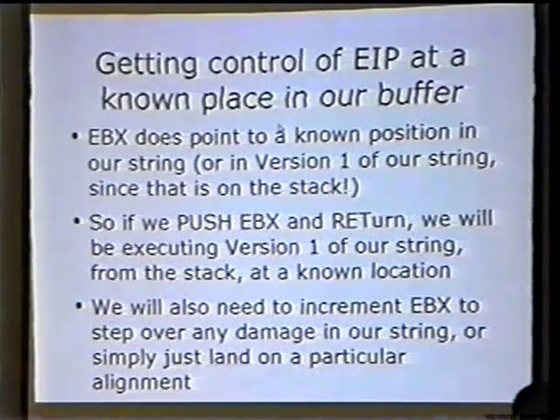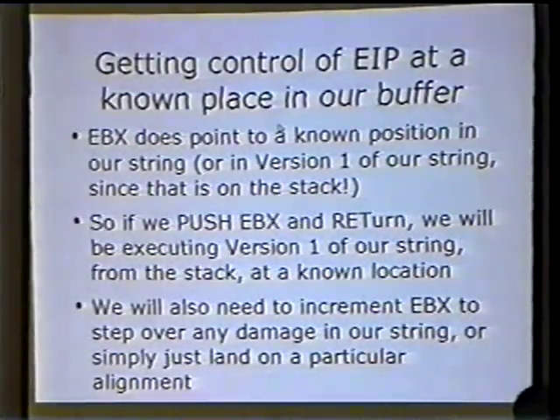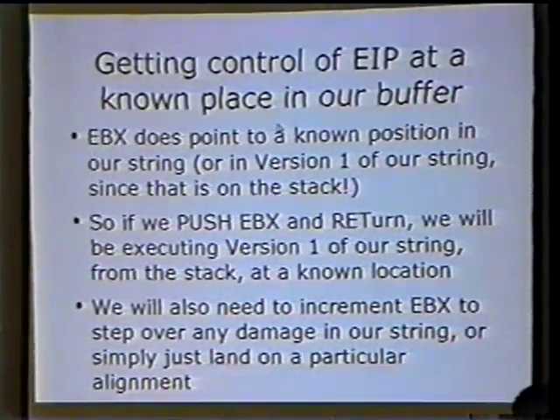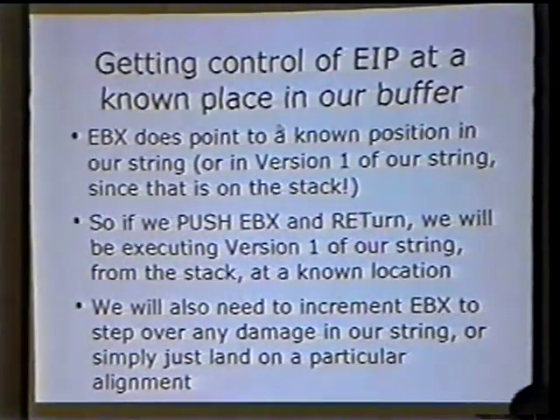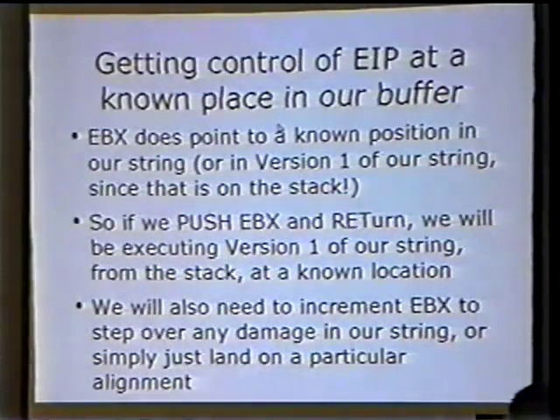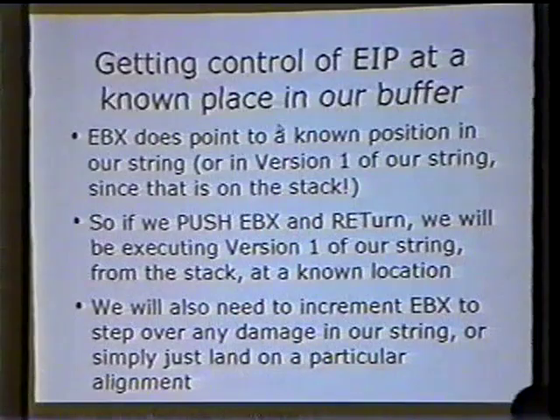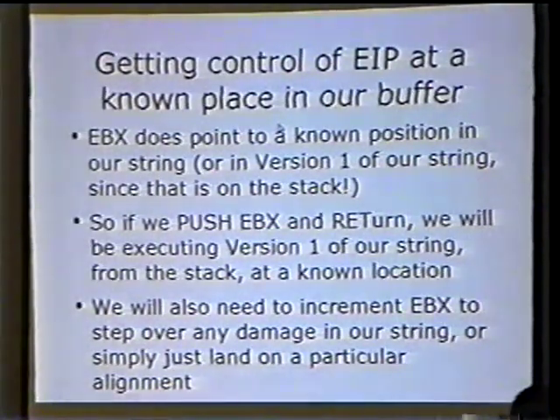You can increment or decrement it to get it exactly right, because in this case, EBX is pointing to a piece of your buffer that got corrupted and is munged. You need to increment EBX to get around that. Then you push EBX and return, which is the same thing as doing a call or a jump EBX, which will then execute your buffer at a known place.